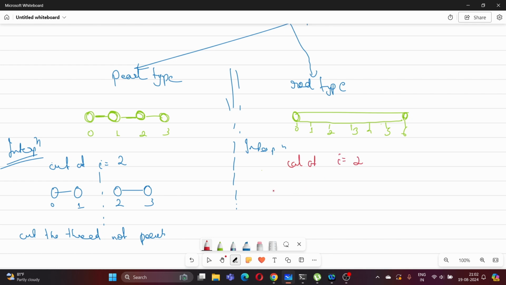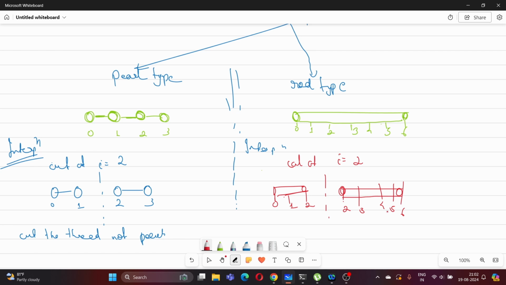What does this mean? It will cut it like this: 0 1 2, and the same 2 will also be present here, 2 3 4 5 6.